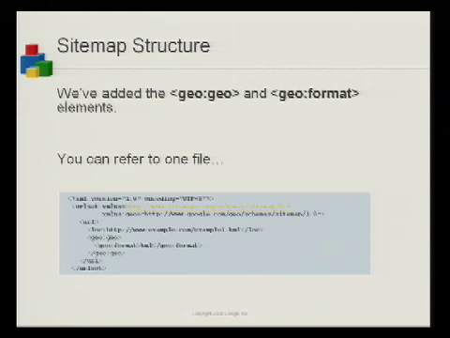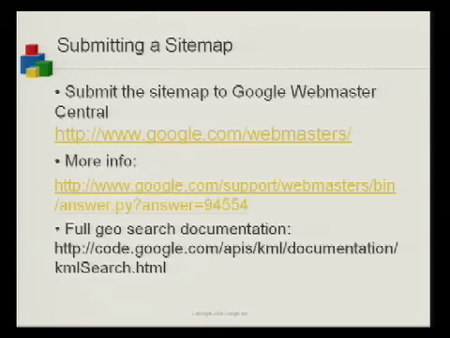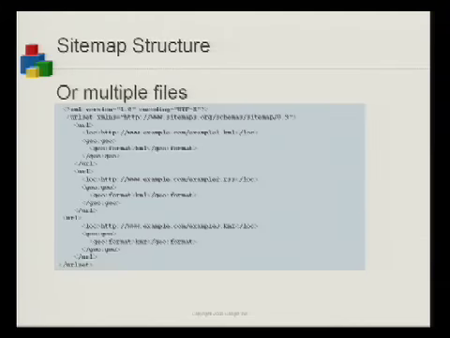That tells us what the actual format of the file is. The options for the format are KML, KMZ, and GeoRSS. Currently those are the only three we're indexing. That constitutes the vast majority of the content that we have available on the web.